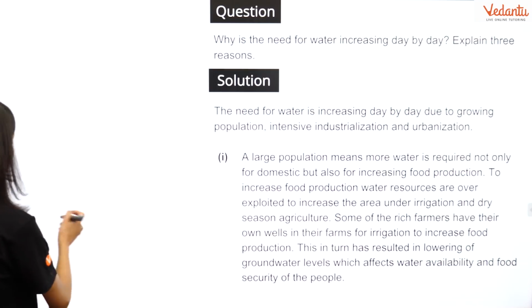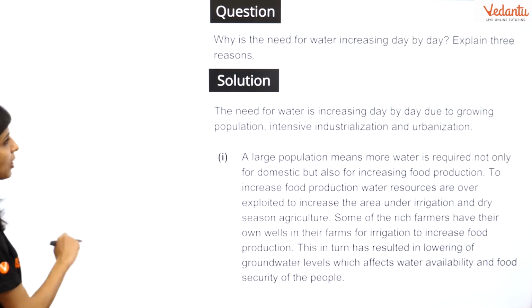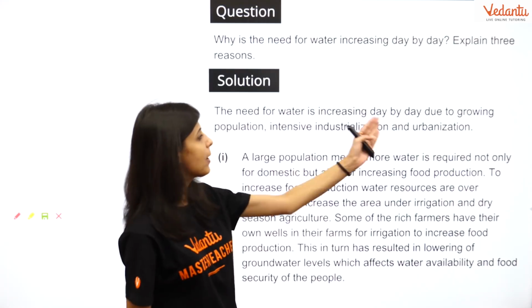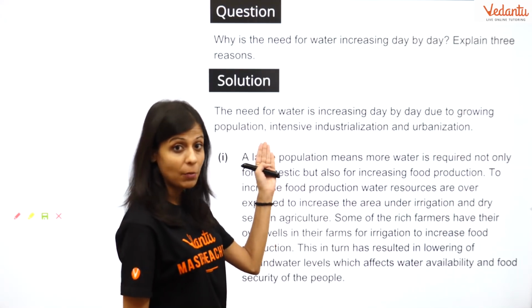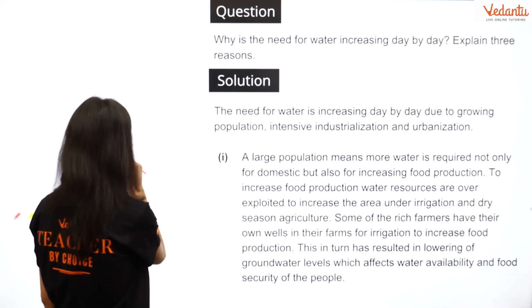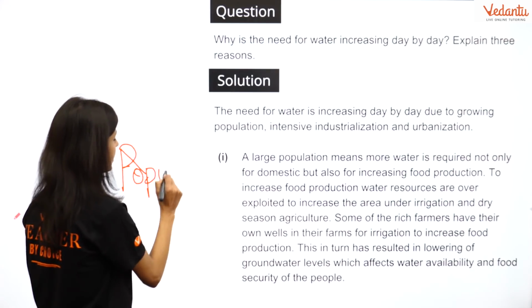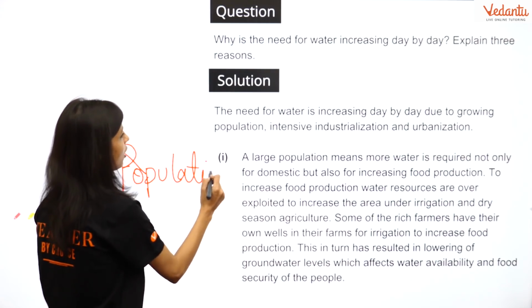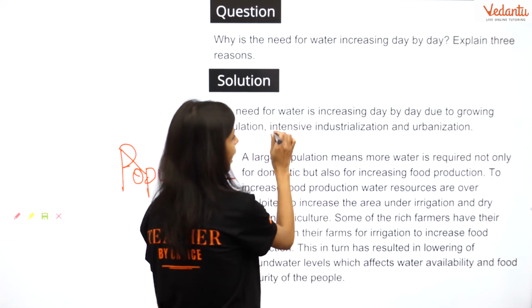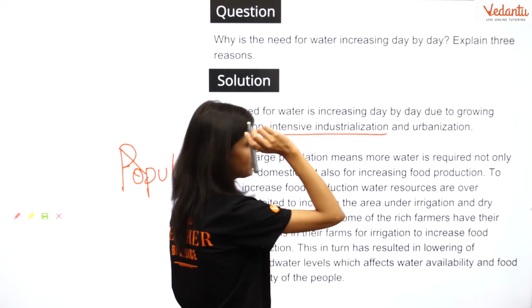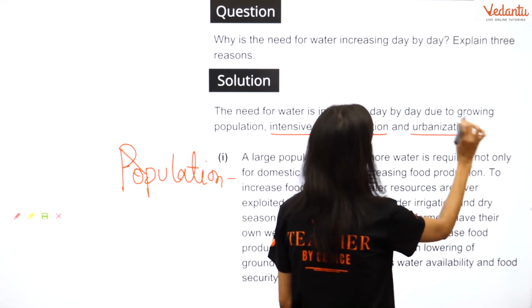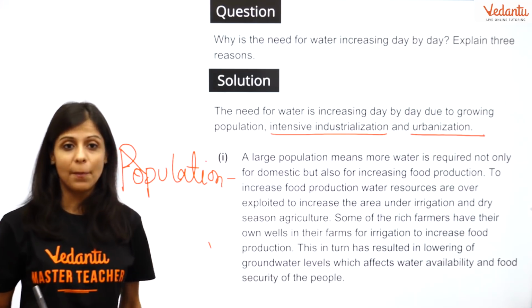So if I talk about this point, I have clearly mentioned it is increasing because we have an increasing population. So the first point we are going to talk about is the increased population. In the second point, I'm going to highlight intensive industrialization, and the third point I am going to talk about urbanization.